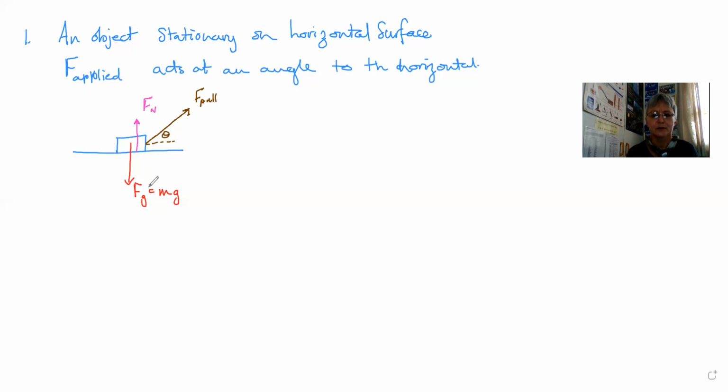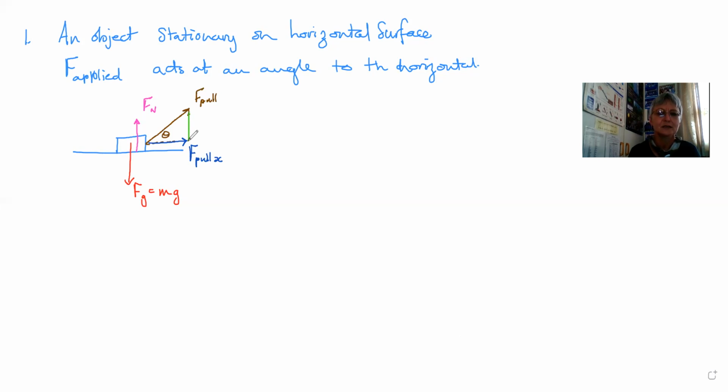The reason for this is that the applied force adds a horizontal component to the plane. So this is F pull X component, and it's got a vertical component.